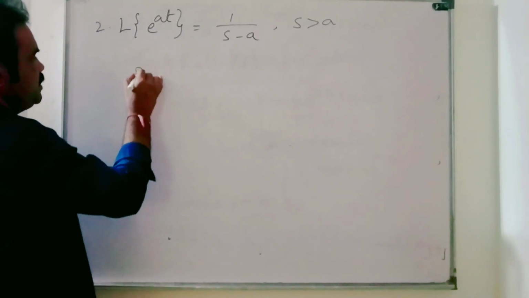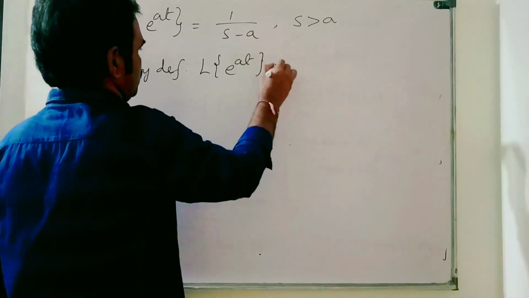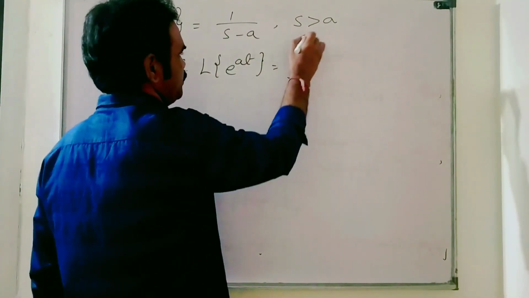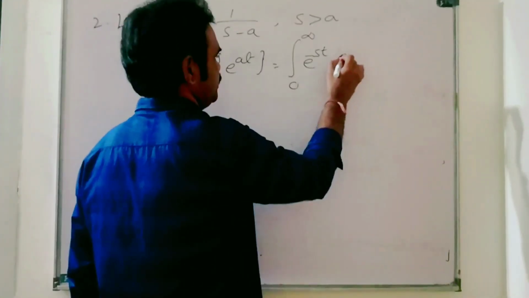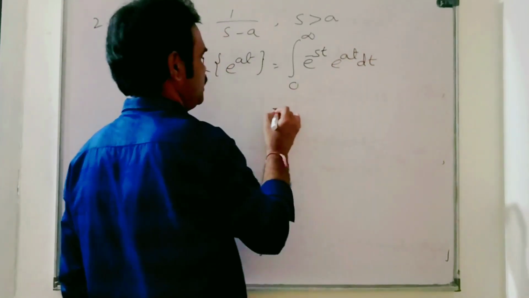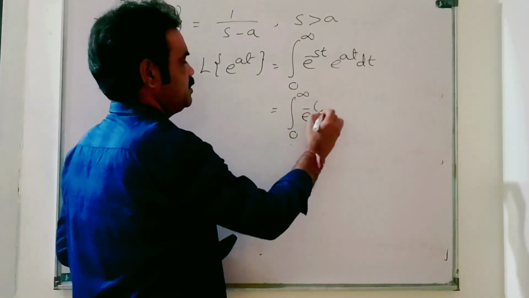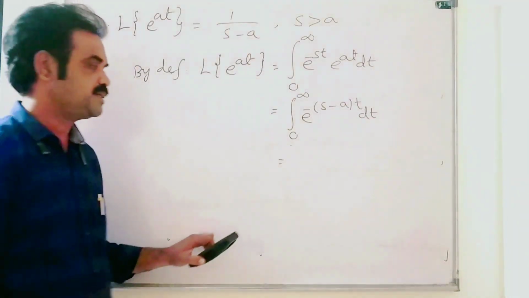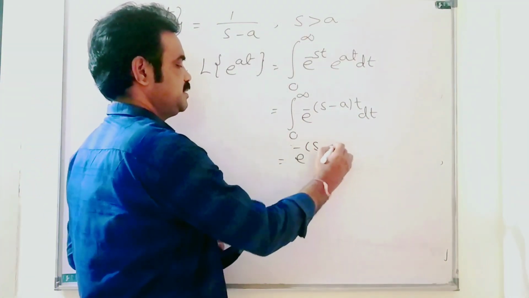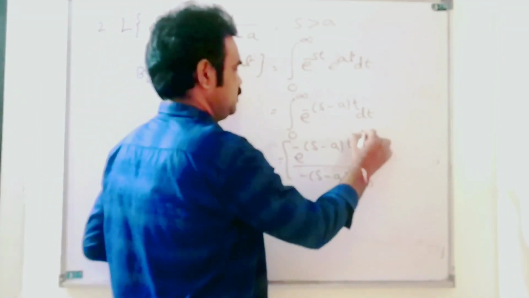By definition, L of e power at, the Laplace transform of f of t, is integral 0 to infinity e power minus st into f of t dt, where f of t is e power at. That is equal to integral 0 to infinity e power minus of s minus a into t dt. Now the integration is e power minus of s minus a into t all by minus of s minus a between the limits 0 to infinity.